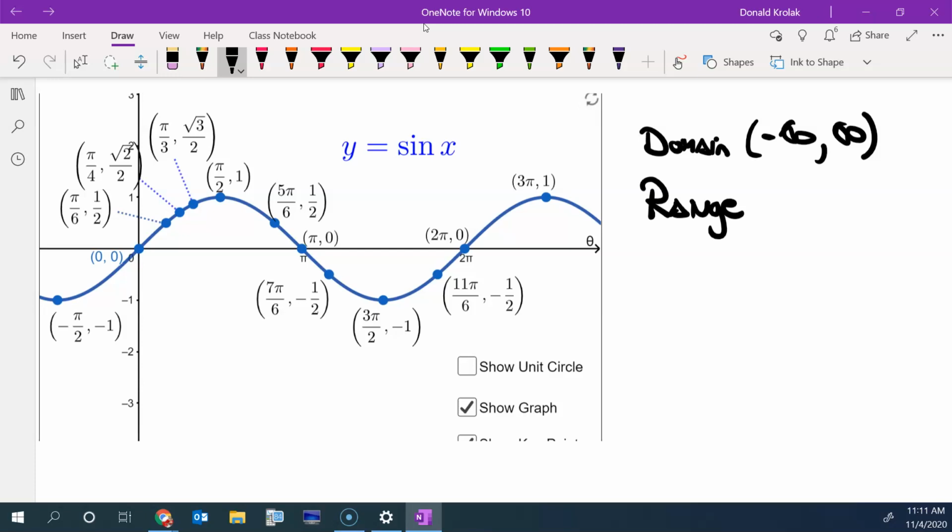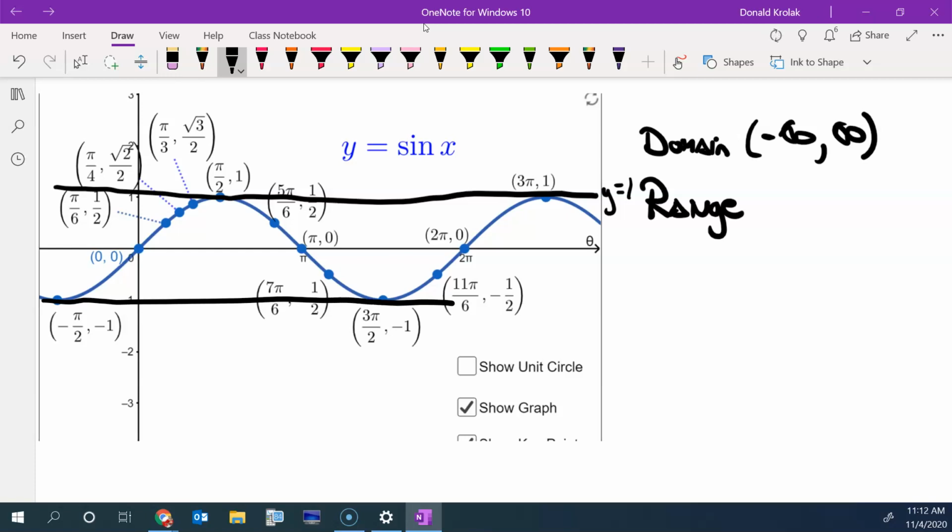All right, so it looks like we got a little confusion on what range is. Range is the highest y value and the lowest y value. Now, the graph passes through y equals -1, and the graph passes through y equals 1.